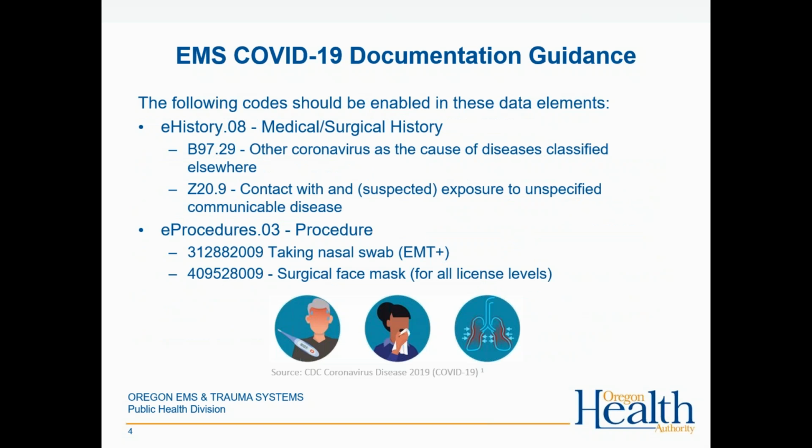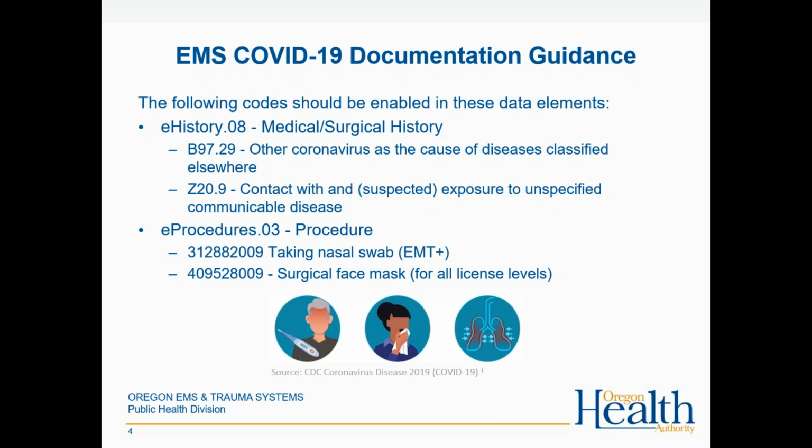We have a few more fields. These are more familiar, but we've added some elements to help us deal with the current situation. Going back to eHistory, we've added 2 options for medical and surgical history. B97.29 is the code for a patient who has tested positive for COVID.